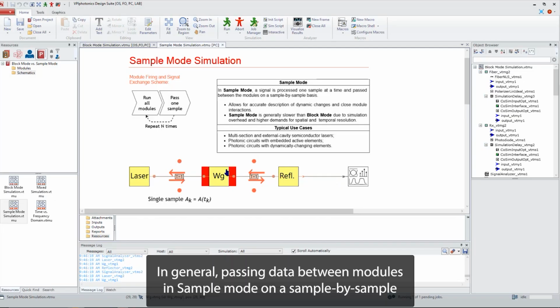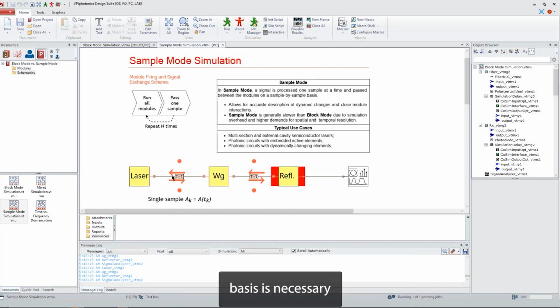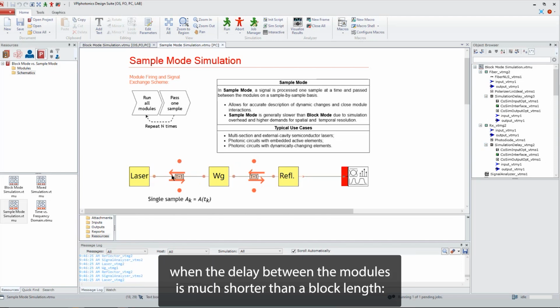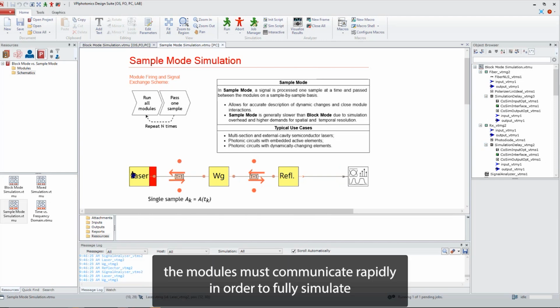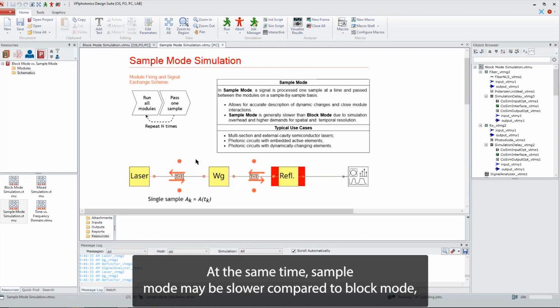In general, passing data between modules in sample mode on a sample-by-sample basis is necessary when the delay between the modules is much shorter than a block length. The modules must communicate rapidly in order to fully simulate their joint behavior.